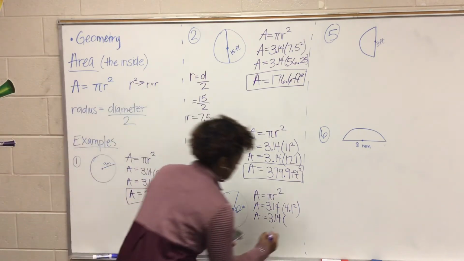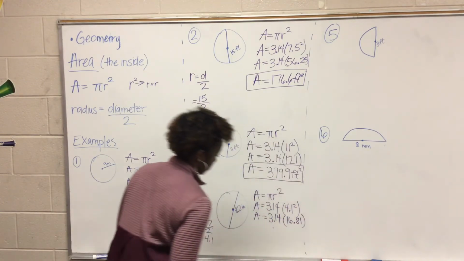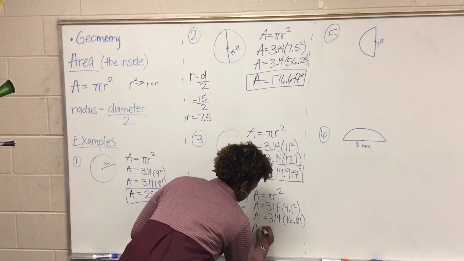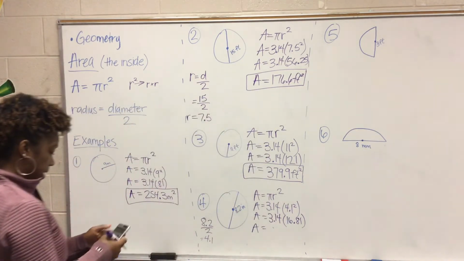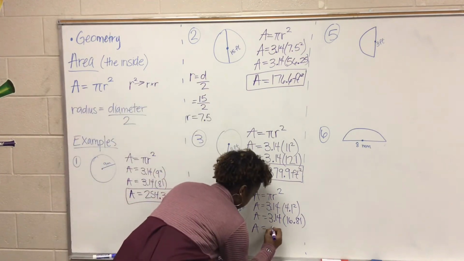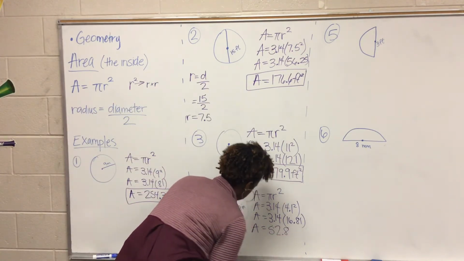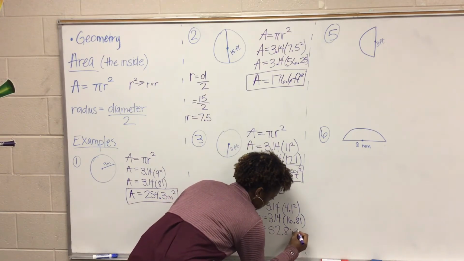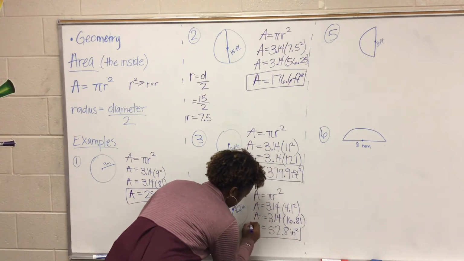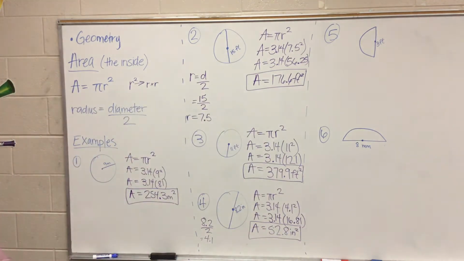It'll give you 16.81. Then we have to multiply that by 3.14. And we get 52.8 inches squared.